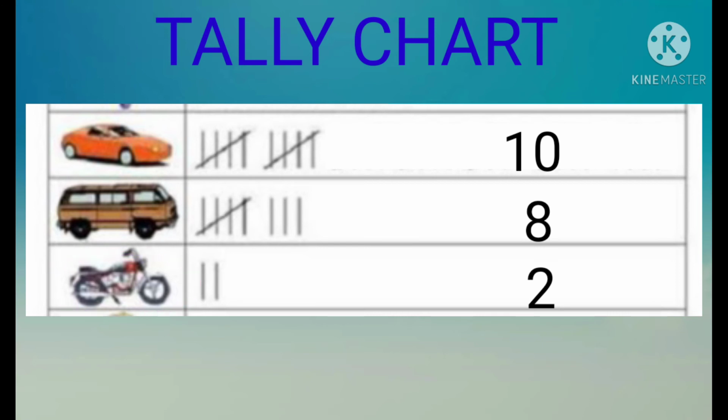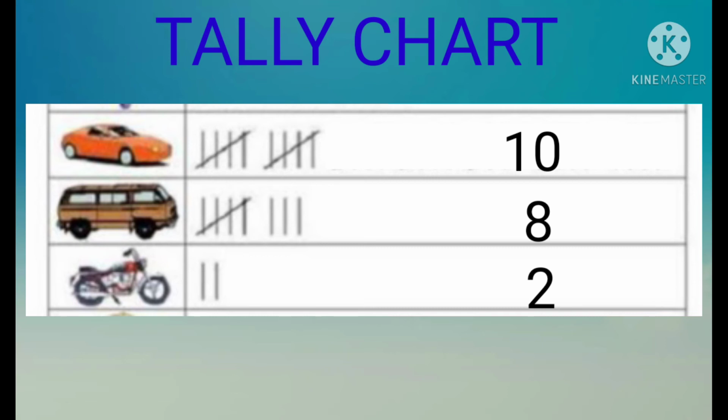The next question is, what is the difference between the number of cars and the number of vans? We know that the number of cars is equal to 10 and the number of vans is equal to 8. So let us subtract and find the answer. So 10 minus 8 is equal to 2. So the difference is 2.